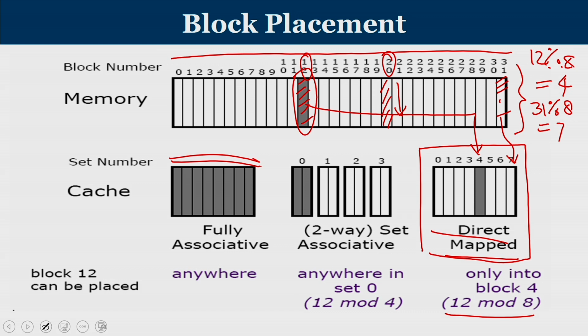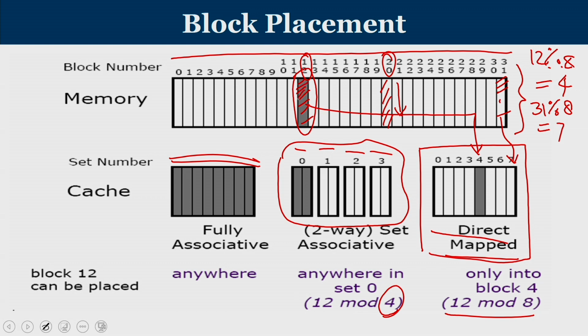Let me draw your attention to another mechanism by which it is stored. Assume that the entire 8 blocks are divided into 4 sets and each set has 2 blocks. Then my 12 gets mapped to 12 mod 4. Why 4? Because I have only 4 sets: 0, 1, 2 and 3. So 12 mod 4 is 0.